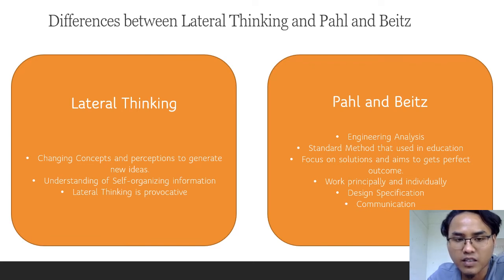After that, lateral thinking is understanding self-organizing information, which, based on my understanding, means inside the brain there is a pattern-making system. It will establish a pattern, becoming a routine way of looking at things.